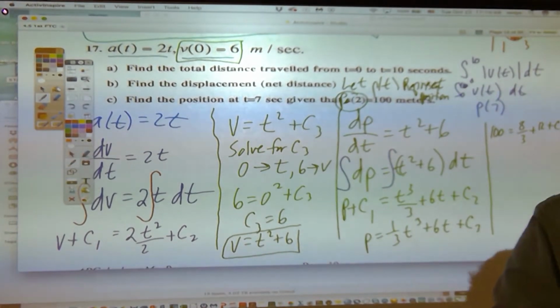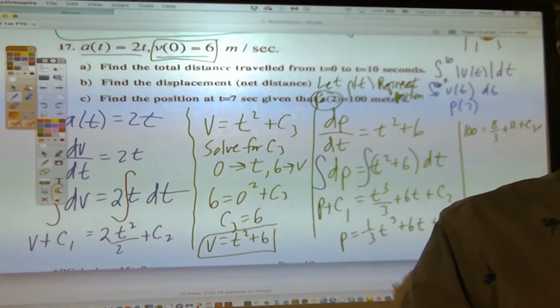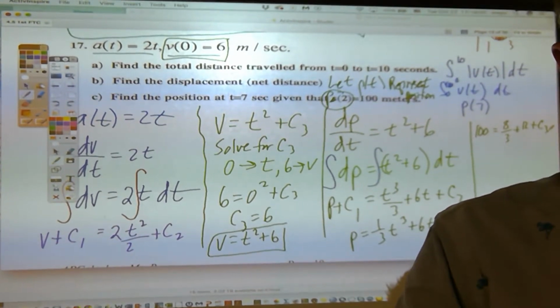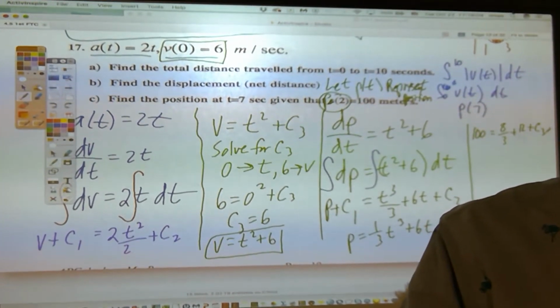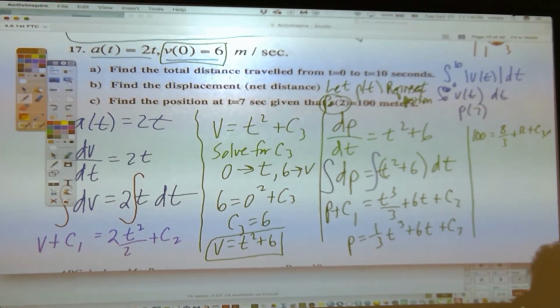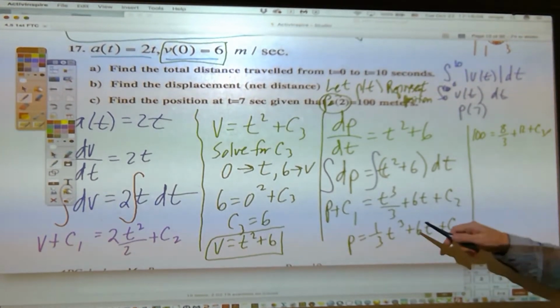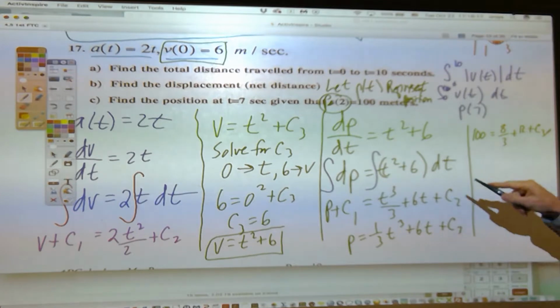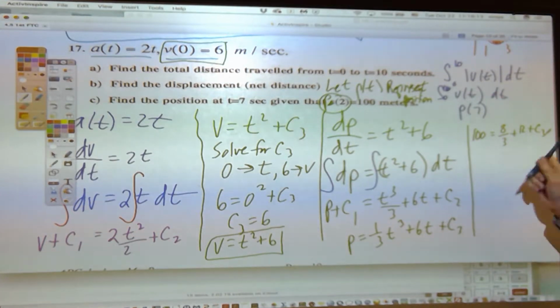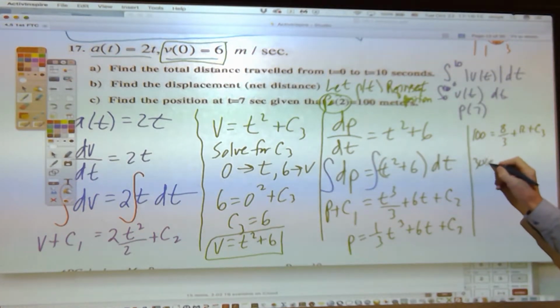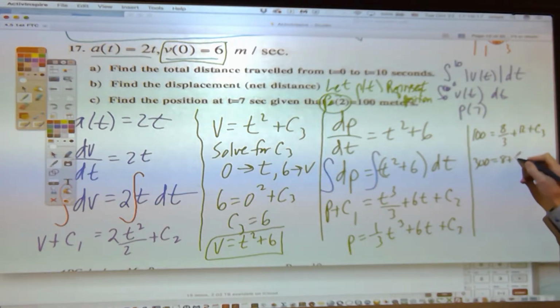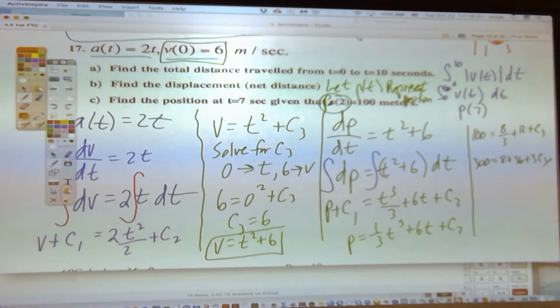Okay, I'm back. So to solve for C3, I put 100 in for the position and 2 in for time. Giving me 100 equals 2 cubed is 8/3 plus 6 times 2 is 12 plus C3. Multiply both sides by 3 to get 300 equals 8 plus 36 plus 3C3.